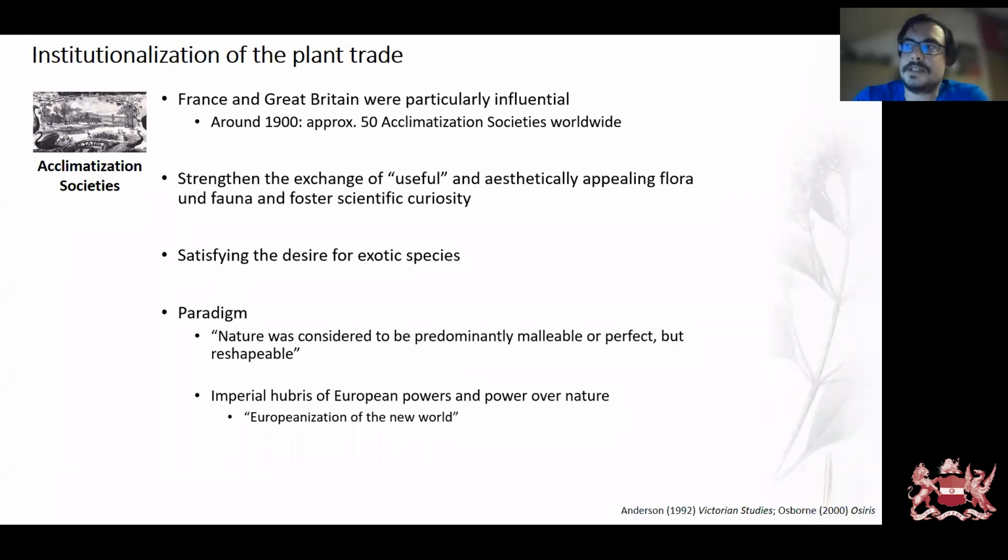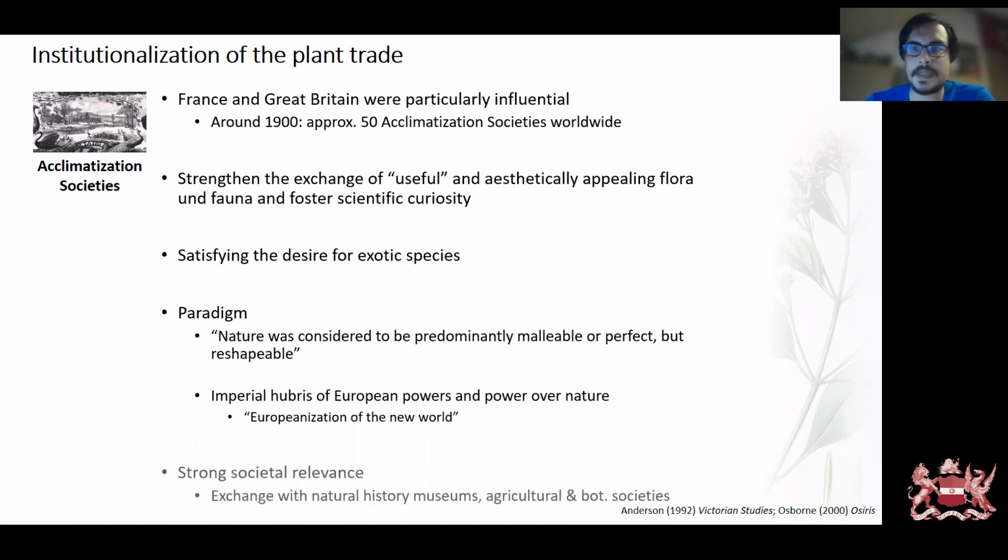And also these acclimatization societies catered to this imperial hubris of the European powers, to have power over nature and also to foster this Europeanization of the new world, which of course we know nowadays is a very critical and incorrect view of nature. Nevertheless, these acclimatization societies back then had strong societal relevance and were in close exchange with natural history museums, agricultural or botanical societies.